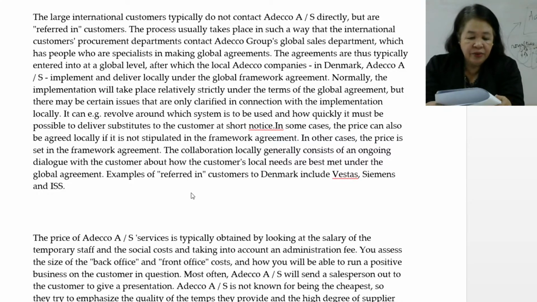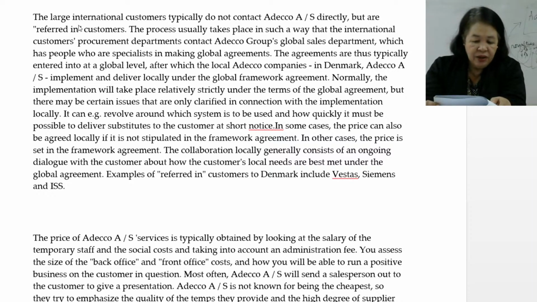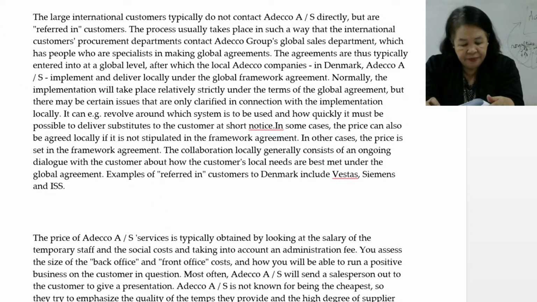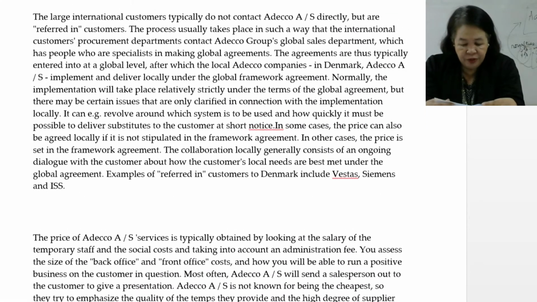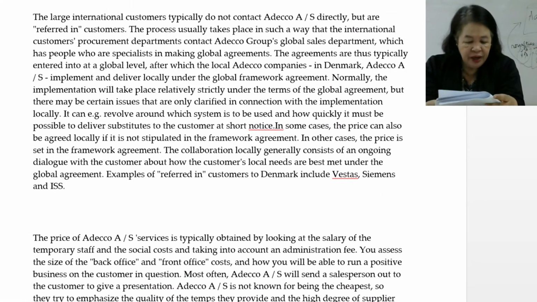The price of Adecco AS services is typically obtained by looking at the salary of the temporary staff and the social cost and taking into account an administration fee. So you assess the size of the back office and front office cost and how you will be able to run a positive business on the customer in question.